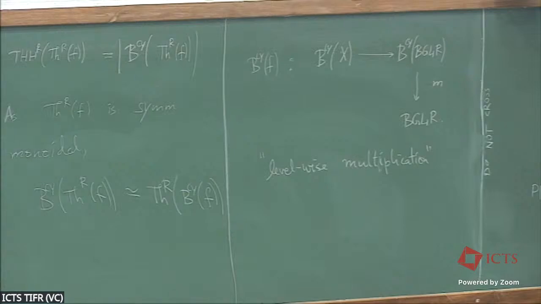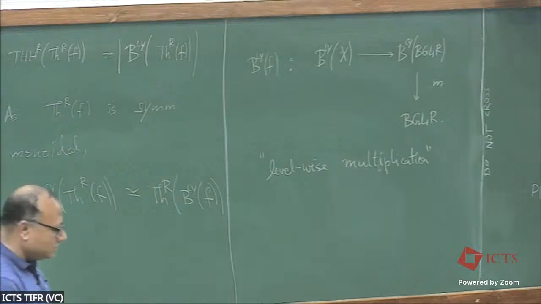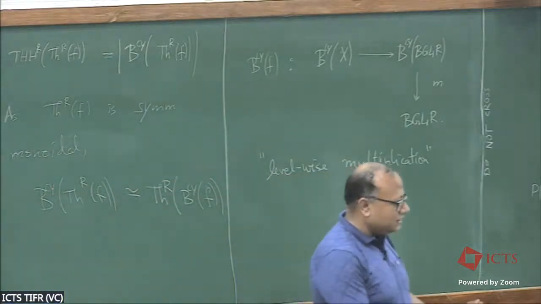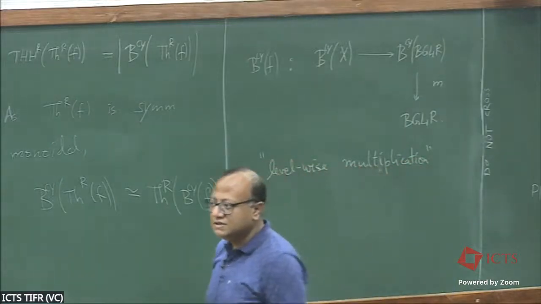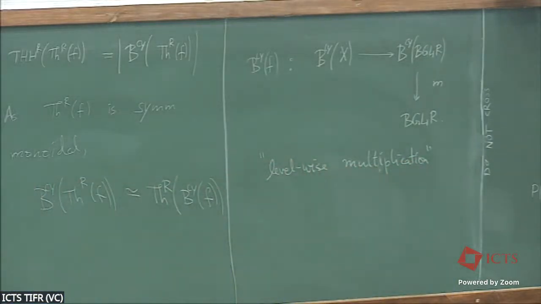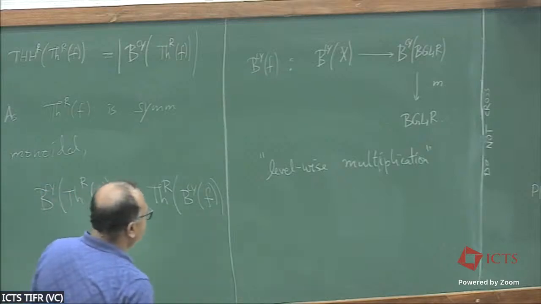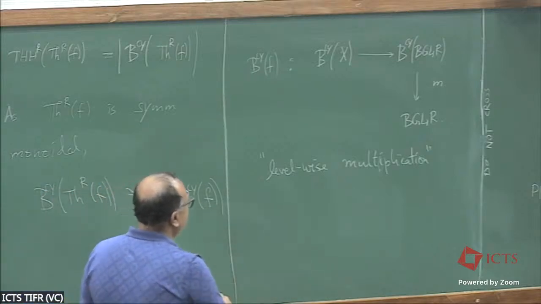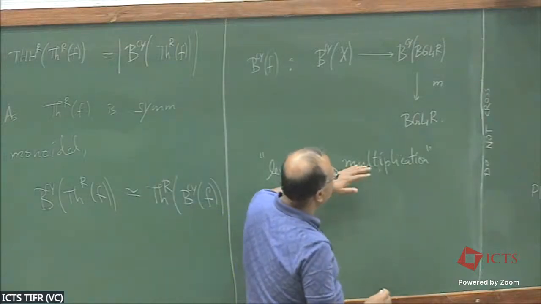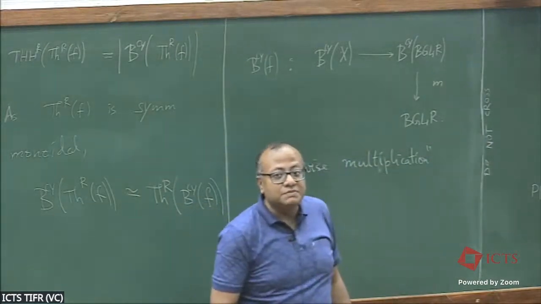One involves the use of star-modules, which is closely aligned to the S-modules described in EKMM. The other one is described using I-spaces, which is closely aligned to symmetric spectra. But I don't want to go into the technical heart of the matter. For this lecture, you just assume that this level-wise multiplication works.